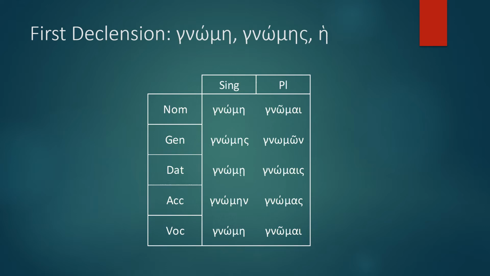What's interesting about this word is the accentuation. Let's just go down the list. Starting at the top left, the nominative singular, gnome. Our principal parts, that is the dictionary entry at the top, tells us pretty clearly that we want to have our accent on the penult.